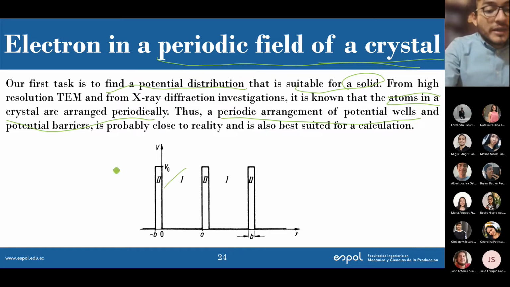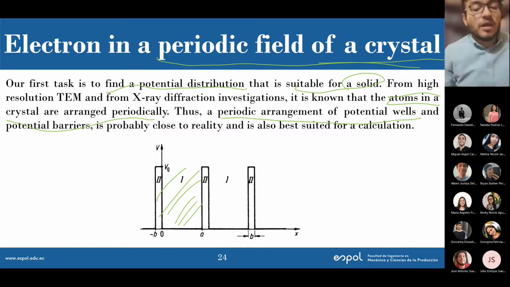Before I only had this potential well. Now the idea is to repeat that over and over again, just as atoms are arranged periodically, so unit cells repeat. Same here: I'm going to repeat these potential wells to represent how electrons behave in a solid. Is this clear, guys?